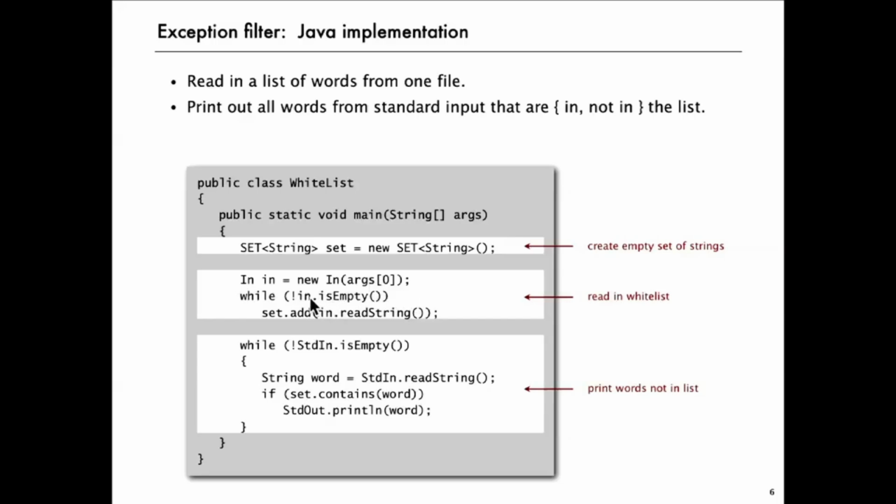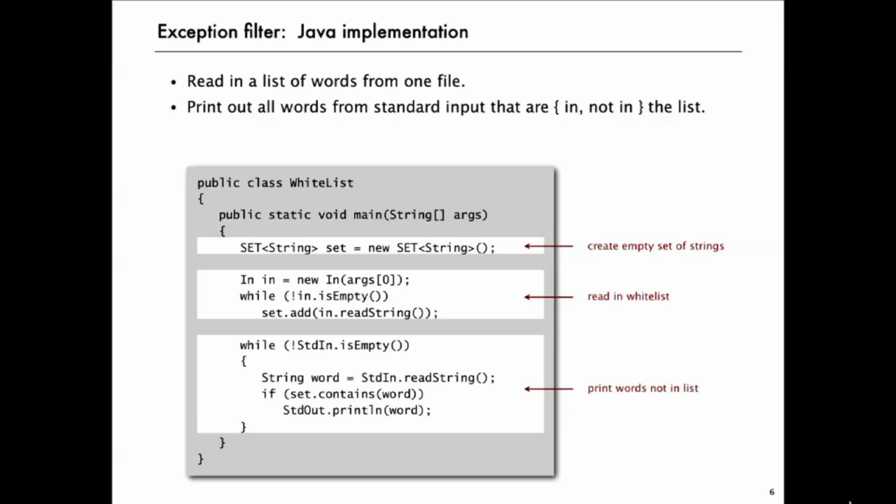This reads those strings while the input stream is not empty, and adds them to the set. Now we have our set of exceptional words, and from standard input we read words. As long as our set contains the word, we print it out. If it doesn't contain it, we don't print it out. So that's an example of a whitelist filter.